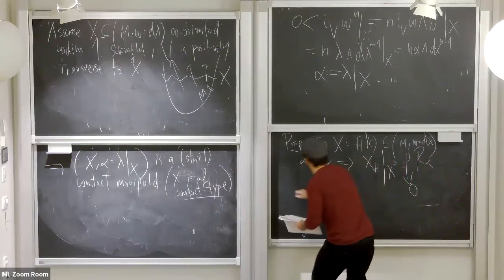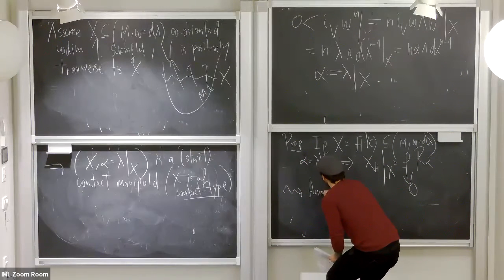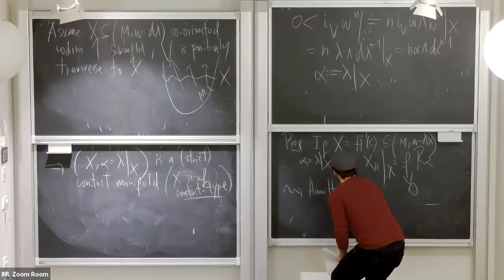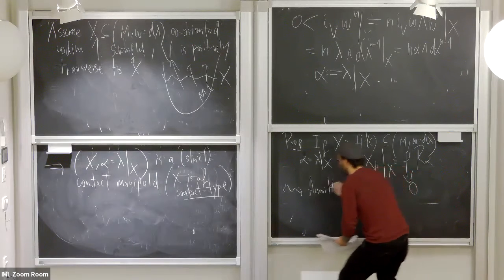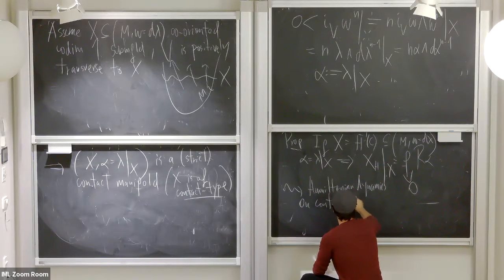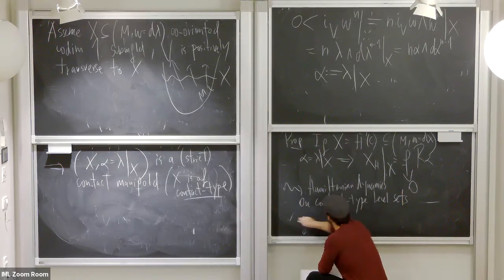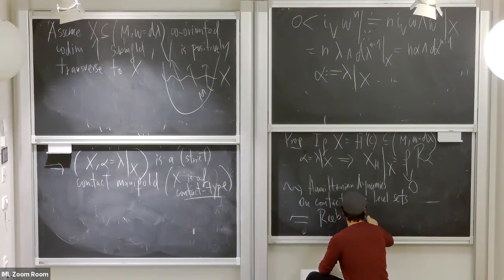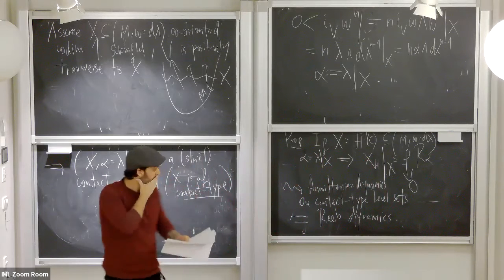In other words, Hamiltonian dynamics on contact type level sets is the same thing as Reeb dynamics.